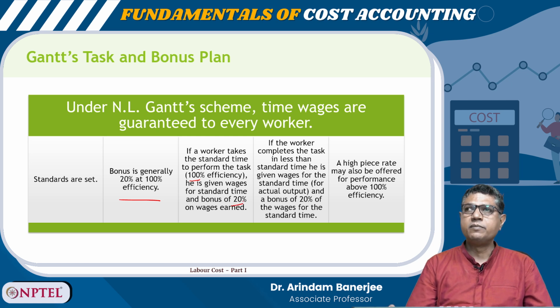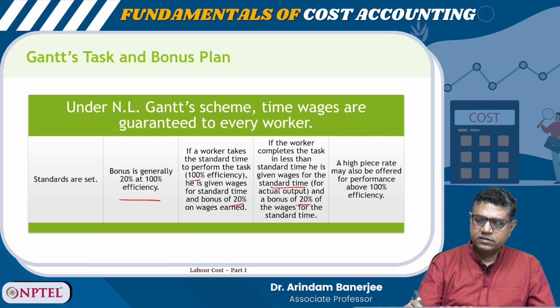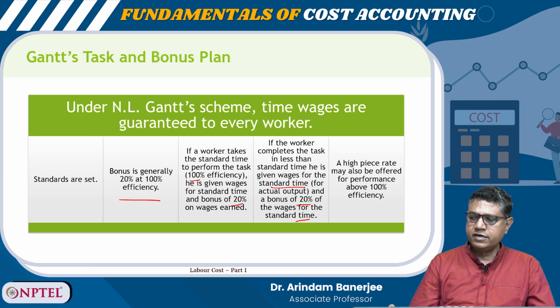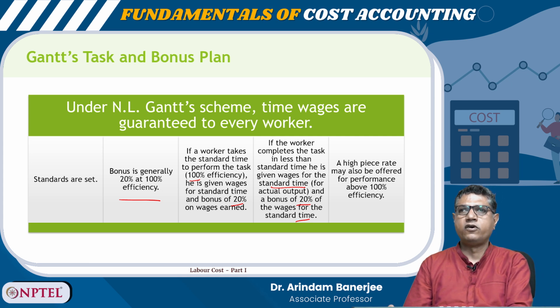If the worker completes the task in less than standard time, he is given wages for the standard time and a bonus of 20% of wages for the standard time. A high piece rate may also be offered above the 100% efficiency. Okay. So, this is the Gantt scheme which is offered.